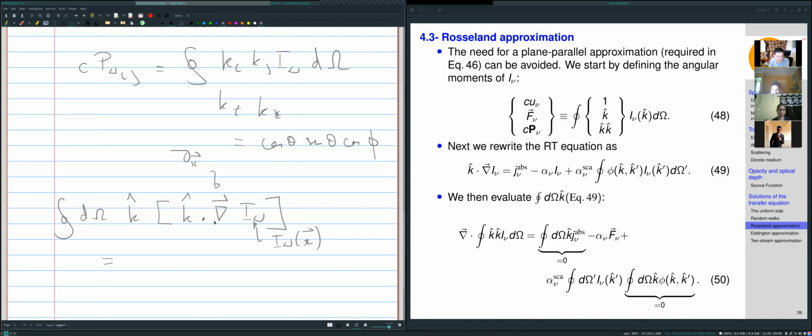We can simply write this as the closed integral over d omega of k times nabla dot k I nu.